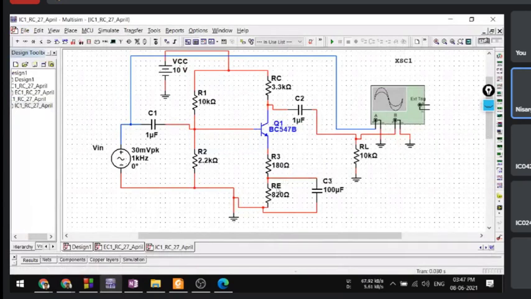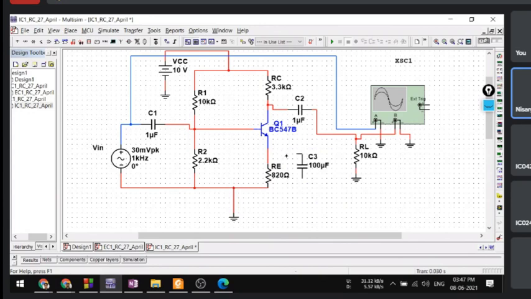This is another circuit. Let me change it. I don't want this one. So connect it over here, and disconnect. That's it. This is your bypass capacitor.